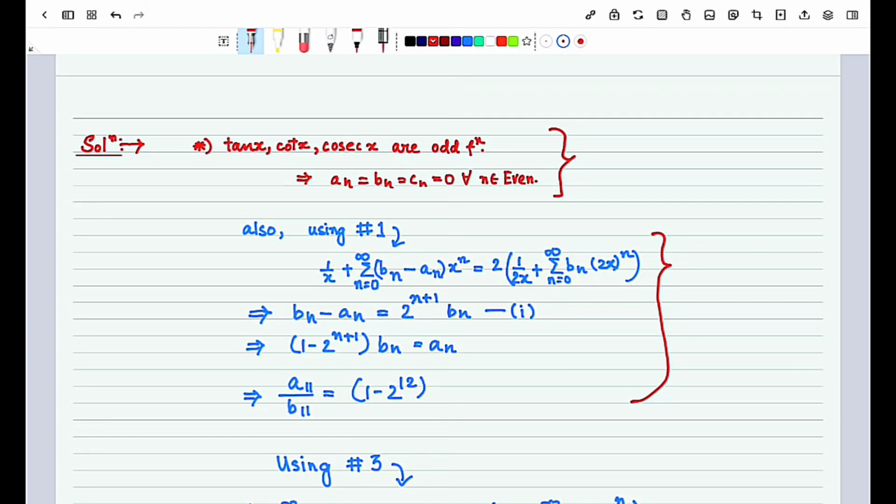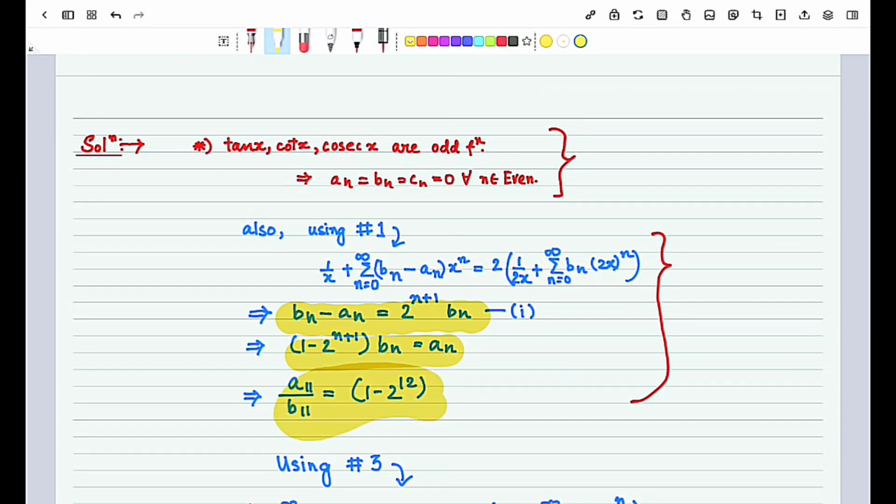At last we get b_n minus a_n is equal to 2 to the power of n plus 1 times b_n. When you take b_n to the left hand side and a_n to the right hand side, you end up getting the relation between a_n and b_n in terms of the ratio being asked. Now put the value of n equal to 11 and you get the ratio as this.